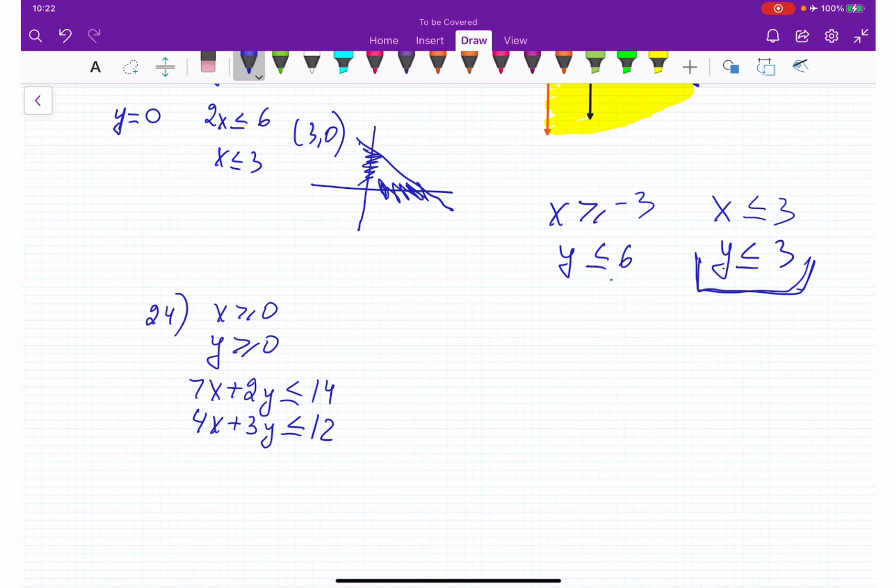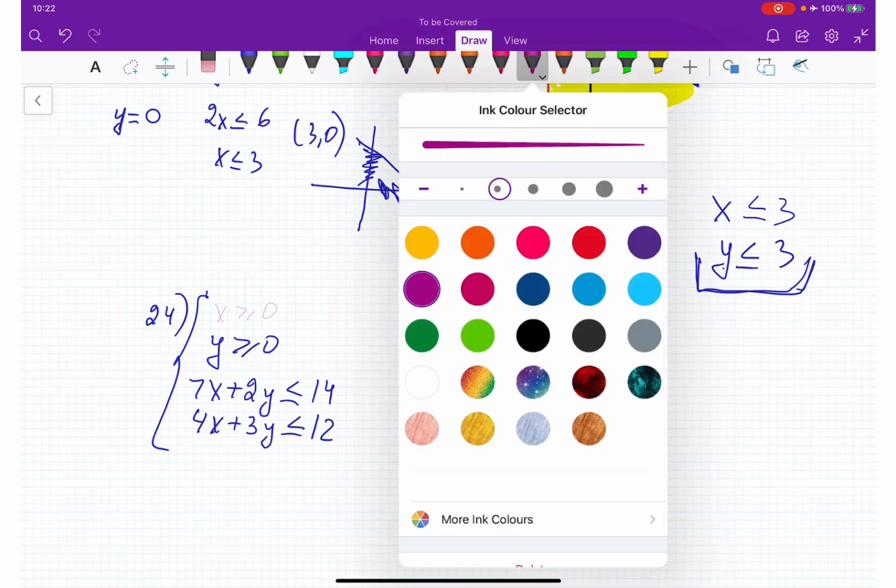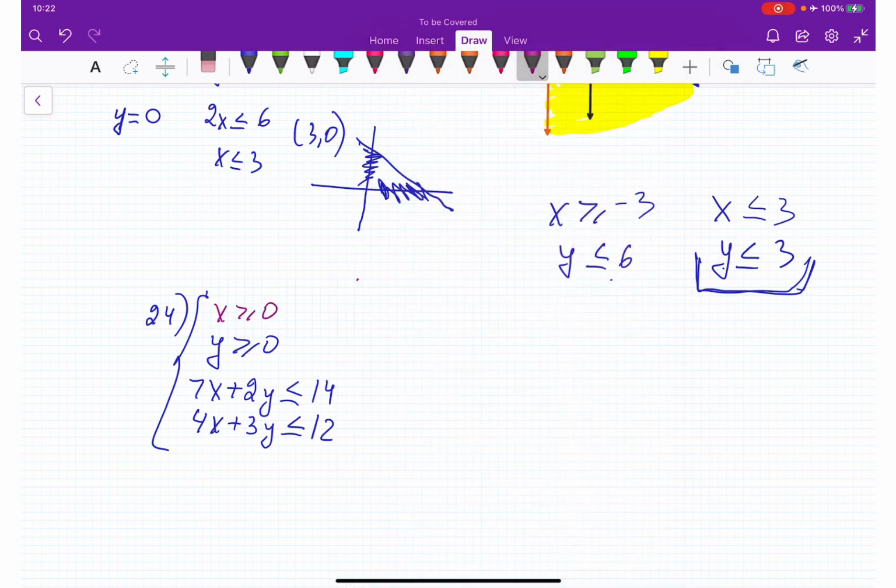Okay. Let me start changing colors. So x greater than 0, I'm going to pick this brown color. This one, let me see.